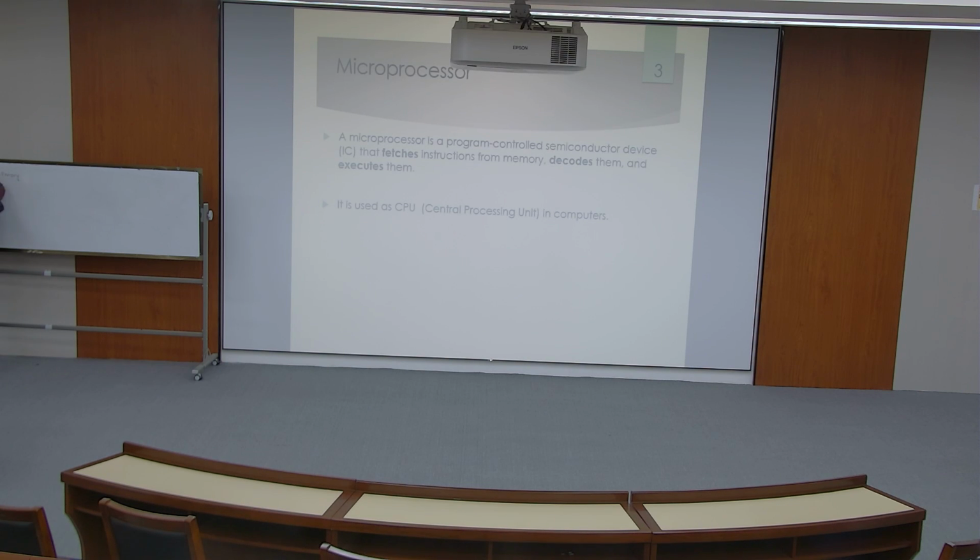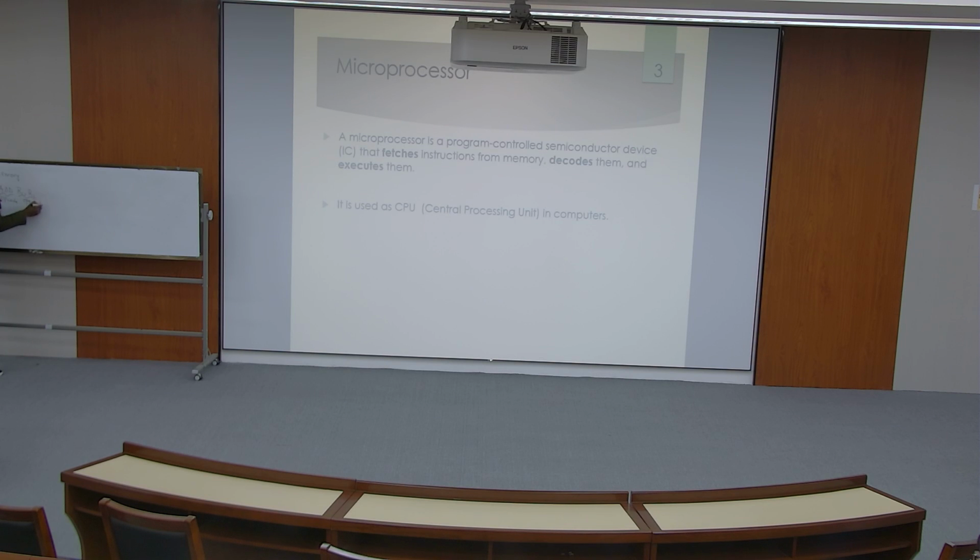For example, if you have an add instruction, adding the content of register 2 to register 1, the microprocessor needs to decode this instruction to understand what it has to do. We have an opcode, which means add, and two operands, R1 and R2.